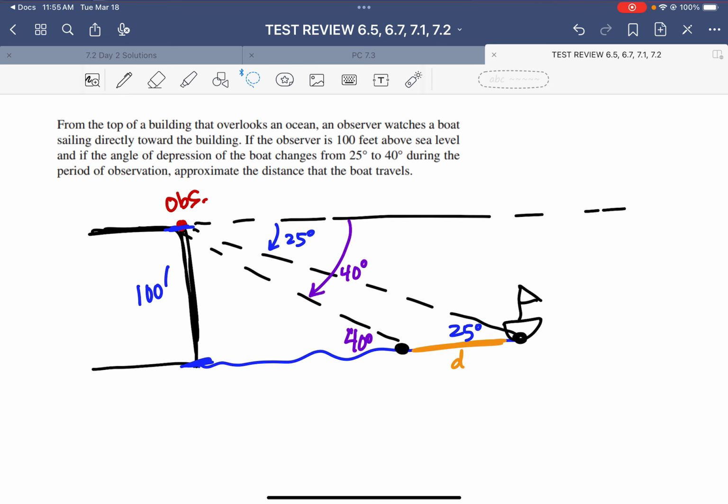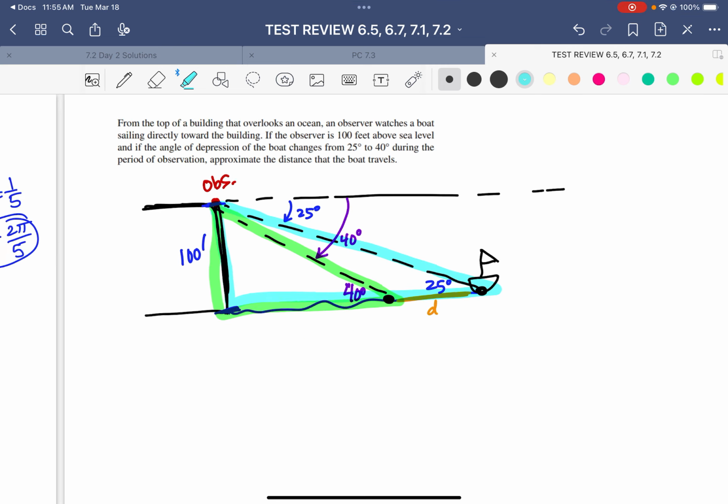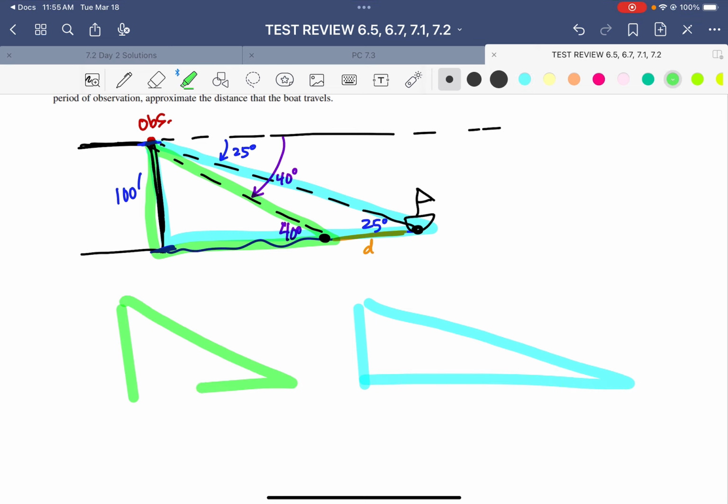What happens is you should now see two triangles, which if I use my green, here is one little triangle in green, and then a bigger triangle in blue. So I have a big triangle in blue and a smaller triangle in green.